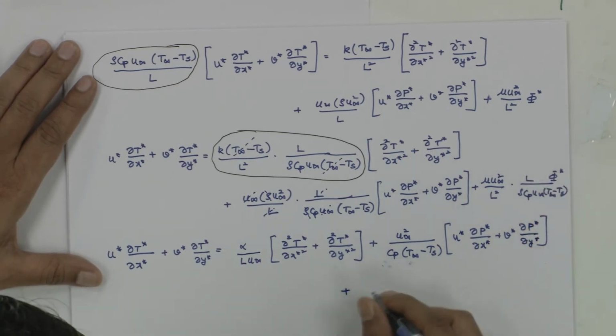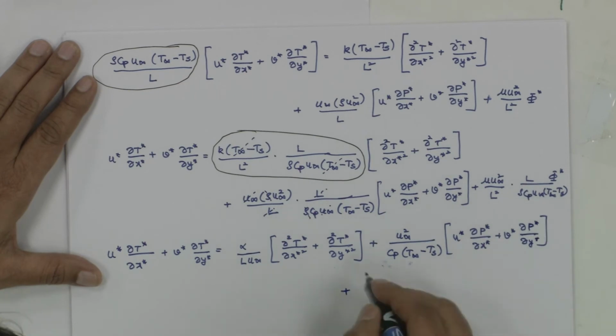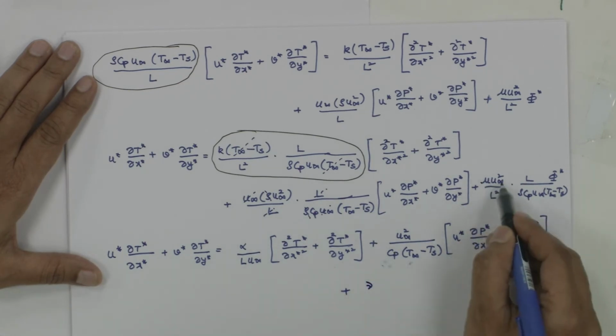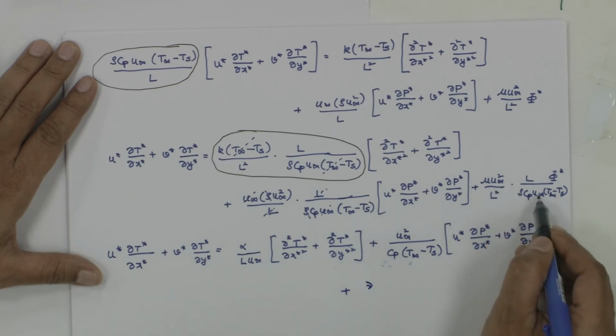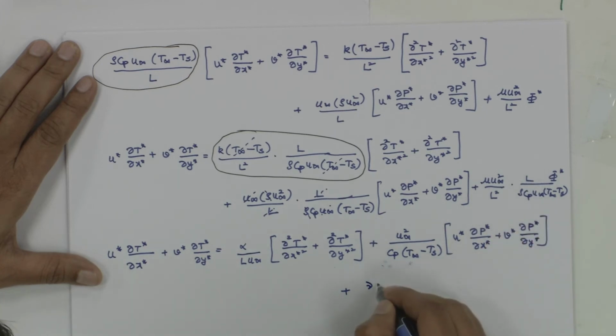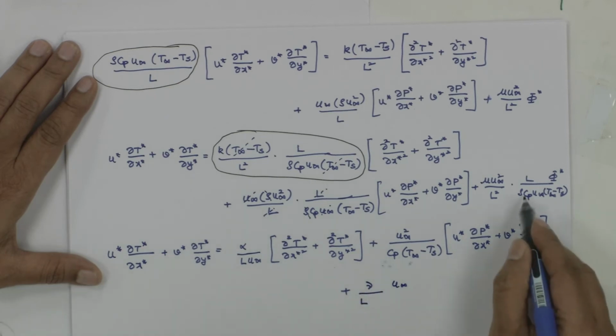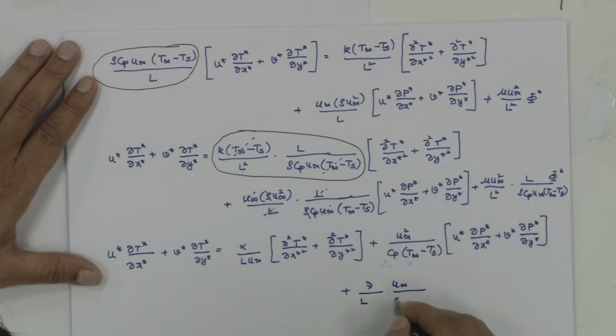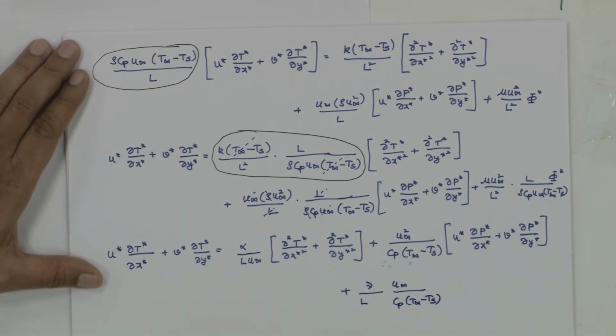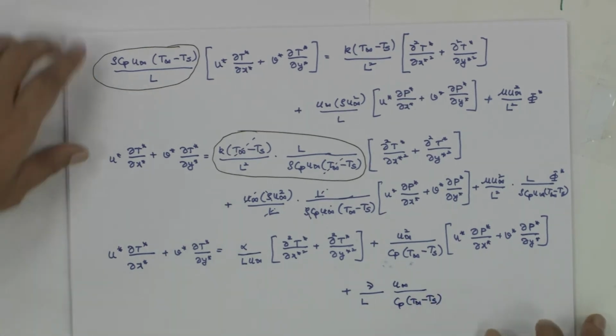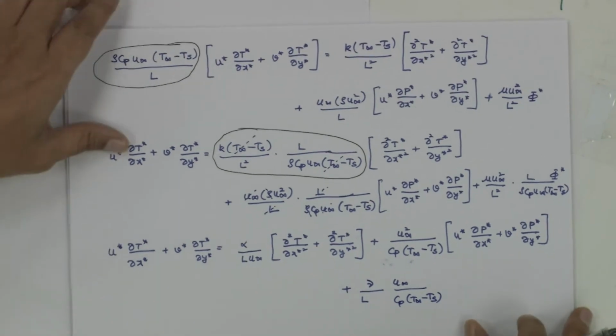You have mu by rho, which you can write as nu, and u infinity squared, one u infinity is there, so you get u infinity, and in the denominator you have L and you have Cp into T infinity minus Ts. Is that right? Yes. So now let us take up one by one term.